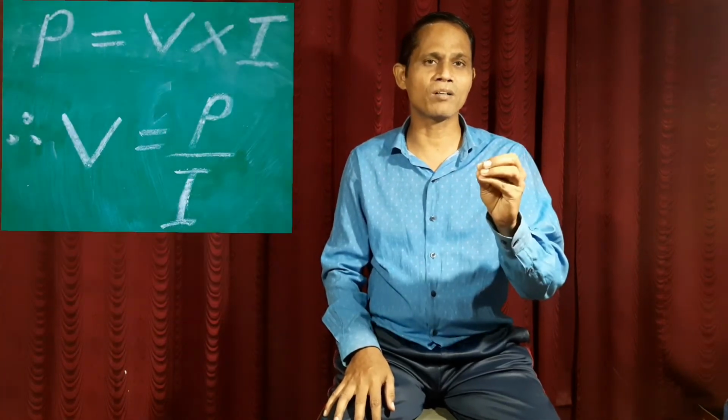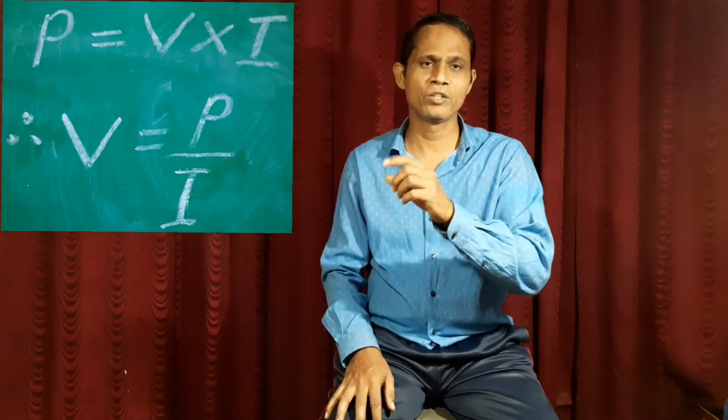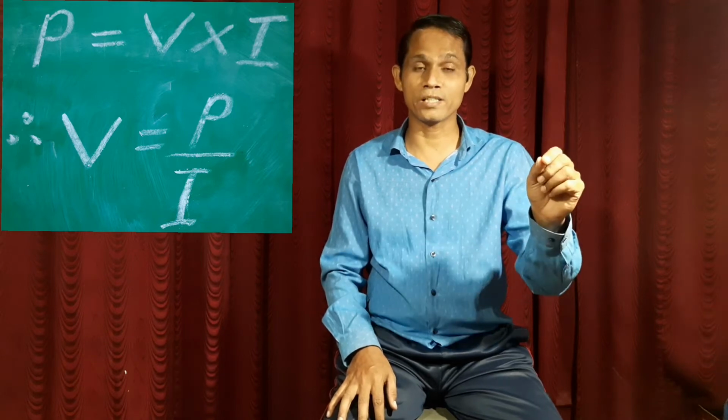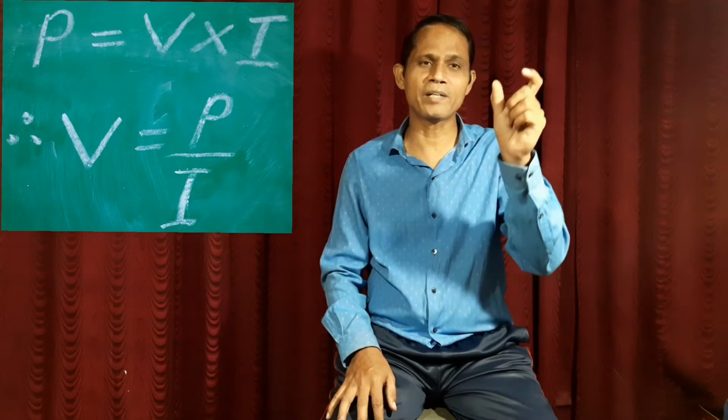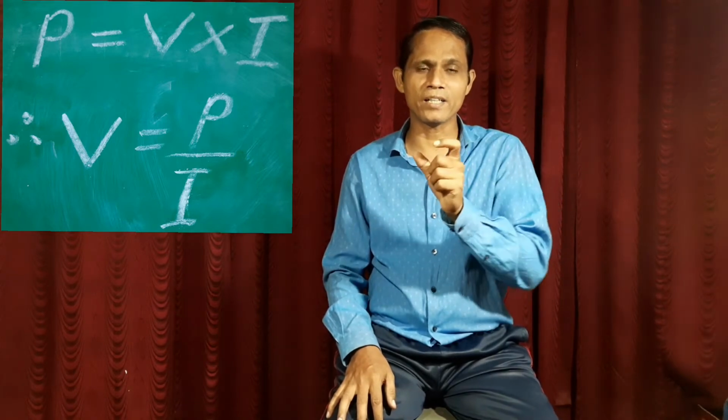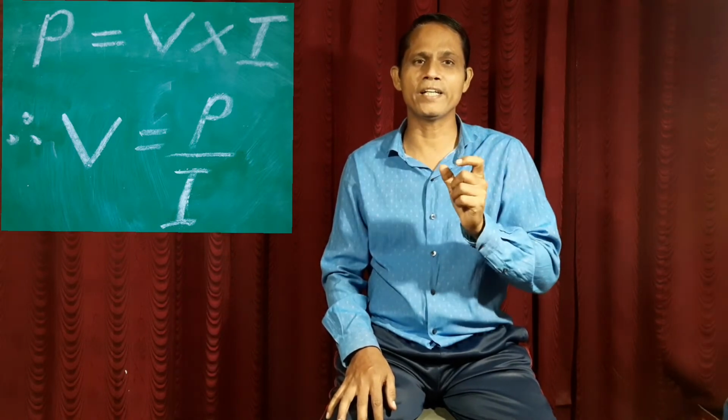You know, power is the product of voltage and current, so voltage is equal to power upon current. That means voltage and current are inversely related. If I increase the voltage, the value of current will decrease.